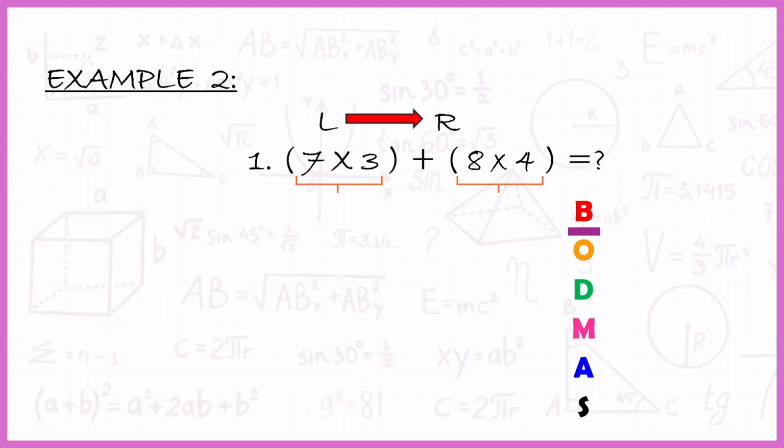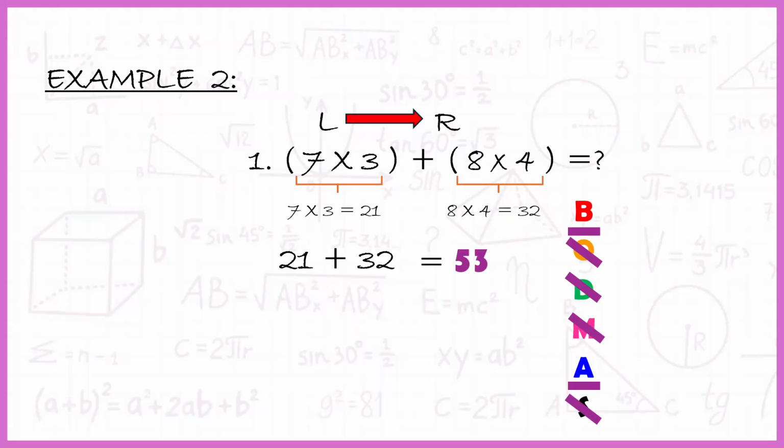So we're going to do the 7 times 3, which gives us 21, and 8 times 4, which gives us 32. Now, there is no order, and no division, and no multiplication. But there is addition. So we're going to do the 21 plus 32. And there's no subtraction. So 21 plus 32 gives us 53. So 53 is the correct answer.